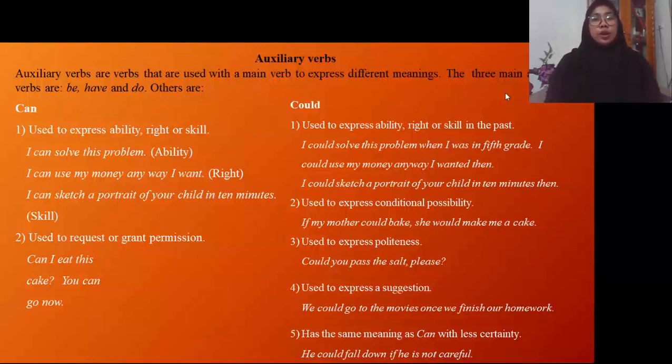And then "could" expresses ability or skill in the past, because "could" is the second form of "can". We can also use it to express conditional possibility, politeness, suggestion, and the same meaning as "can" with less certainty. That's the difference between can and could.